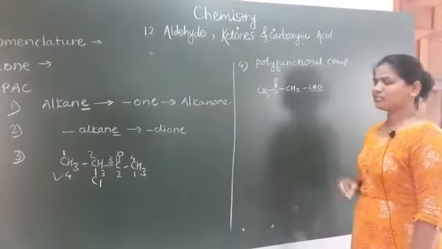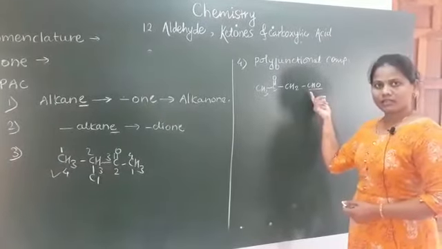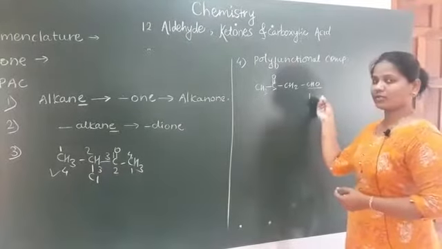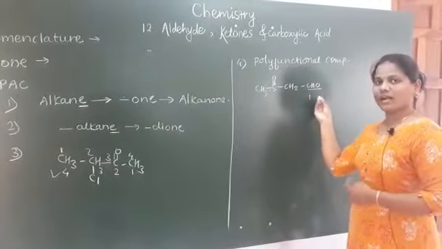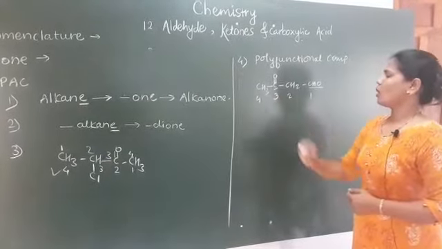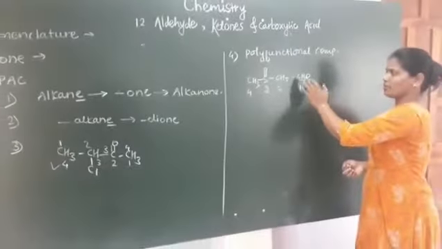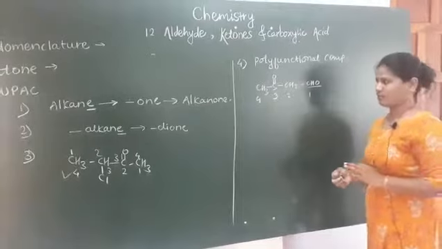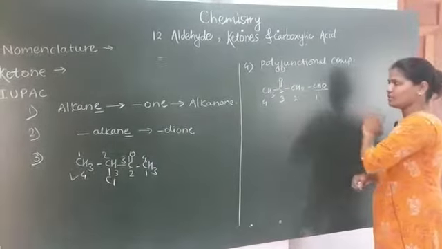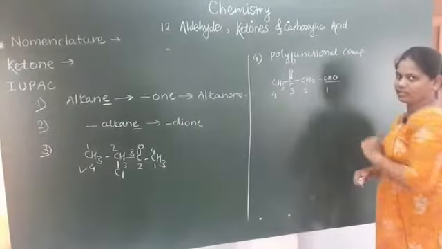Now in this polyfunctional compound, the higher priority functional group always gets the lower number, that is 1, which means we have to start giving the number from the higher priority functional group: 1, 2, 3, 4. Always remember that the aldehydic and carboxylic functional groups are always on the terminal carbon atom, and the ketonic carbonyl group is in between the chain.